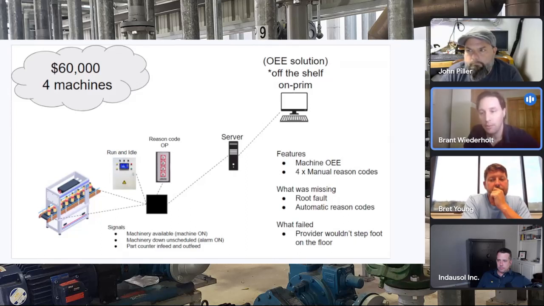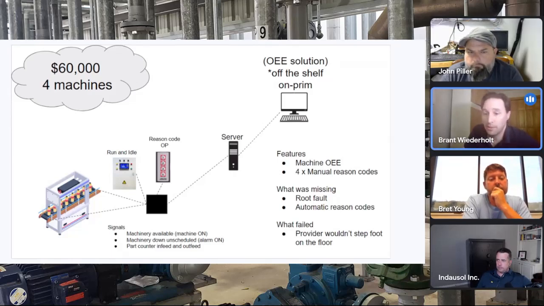Maybe given enough time, you'll figure out this is the run command, this is the parts, and so on, but it's difficult because it's a lot of legacy scenarios. So their easy solution, or the compromise, was to plug this in, capture some type of basic OEE, and go from there.